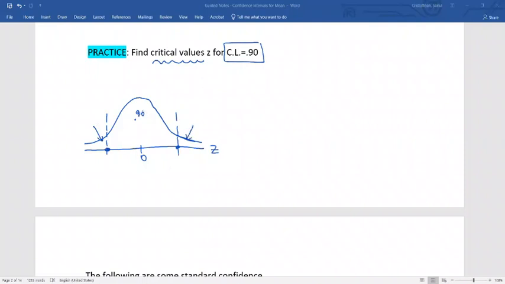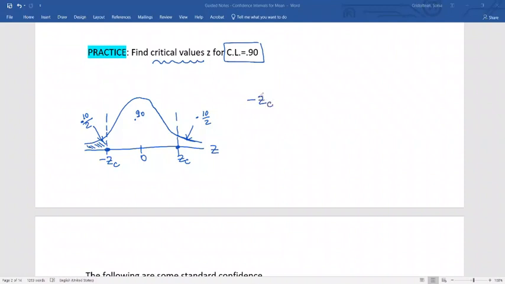Now, if we have 90% in the middle, we have 10% split in two, which is 0.05 in each tail. So the critical values will be negative ZC, ZC. And to find this, I think it will be a lot easier to use this area in the formula. I will find a negative critical value.